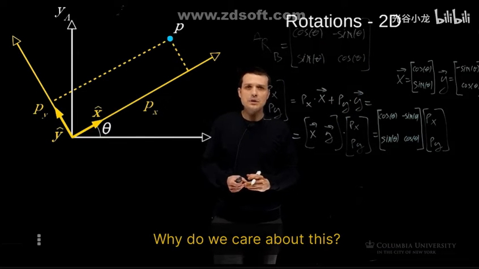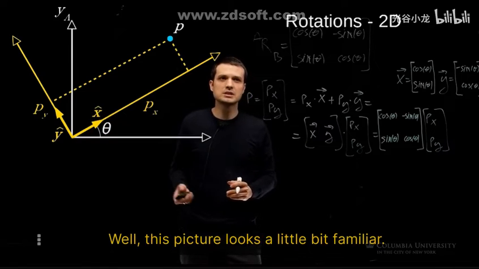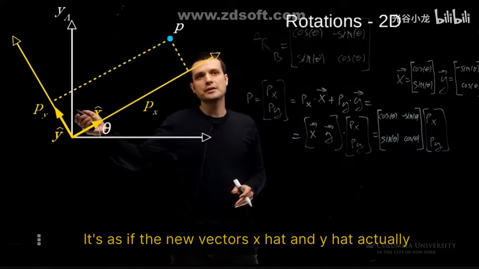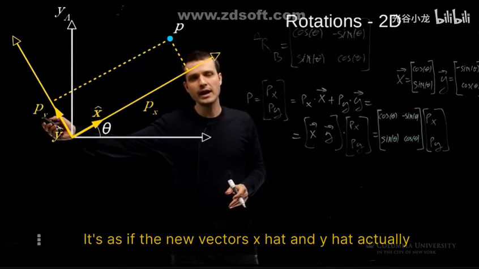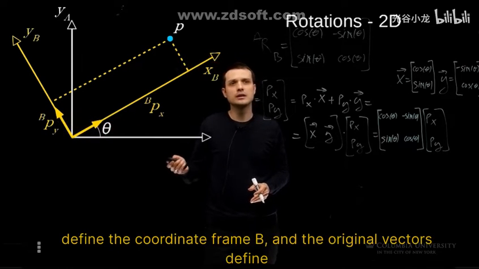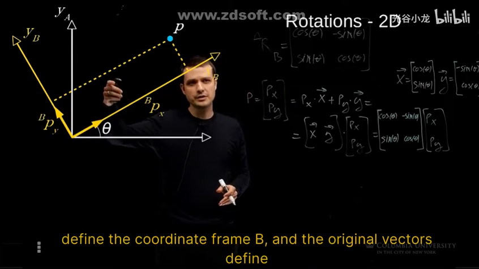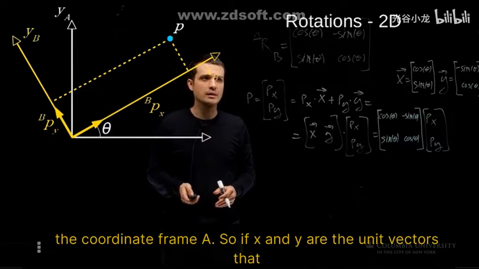Why do we care about this? Well, this picture looks a little bit familiar, right? It's as if the new vectors x hat and y hat actually define the coordinate frame B, and the original vectors define the coordinate frame A.